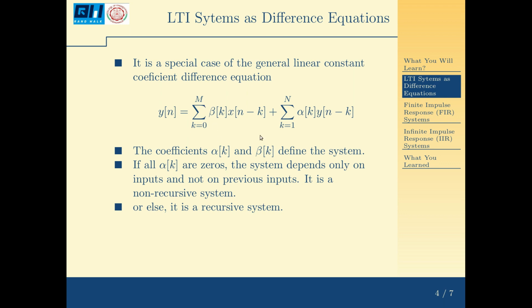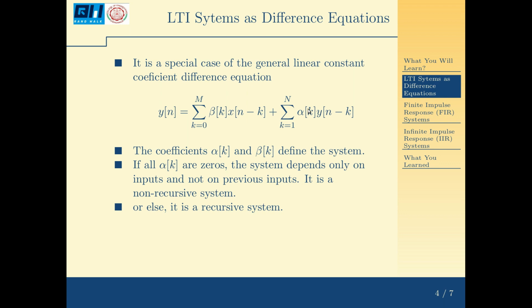The first term shows the dependence on the present and past inputs, the second term shows the dependence on the past outputs. So alpha k and beta k decide the extent of this dependence, and finding alpha k and beta k is the design of the discrete system.